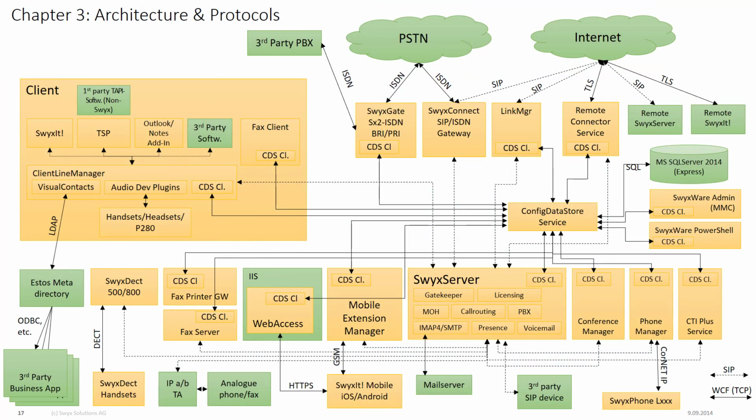The full map of our current version of Swyx looks something like this. You don't have to learn this inside out, but it's interesting to see the way the various modules talk internally. A couple of things to point out. You see a module here for IIS. We don't use IIS with the current version.